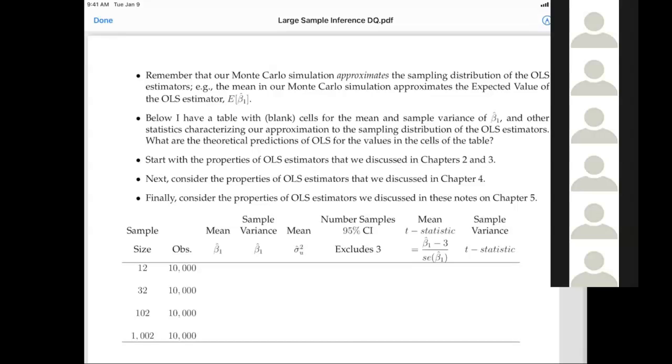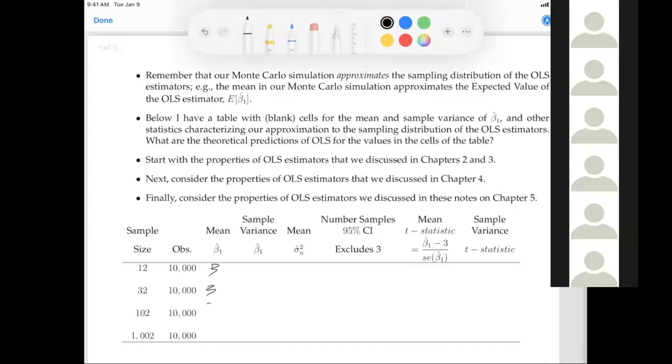Yeah, and what is that? It's in your notes, it's set up there. You had the answer, so I'll help you, but you have to look at the notes. But yeah, it's equal to 3. Okay. And it's equal to 3 in each of the sample sizes.